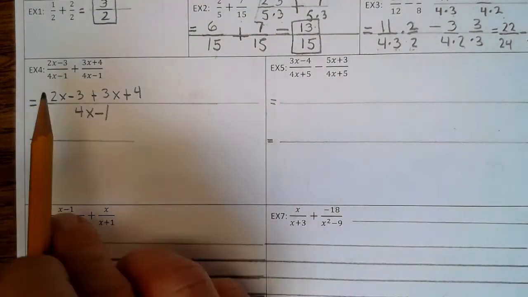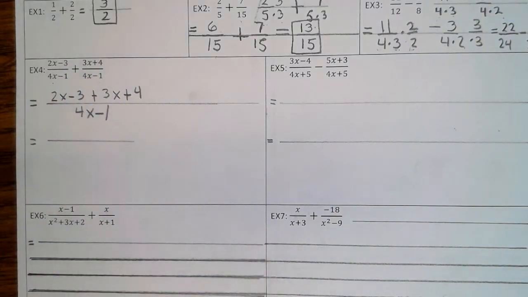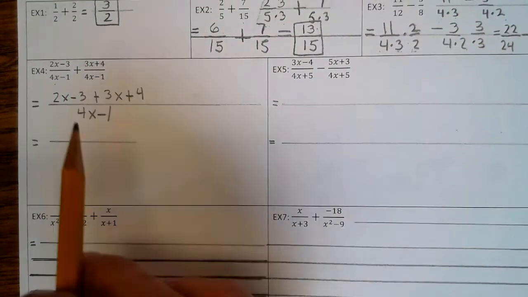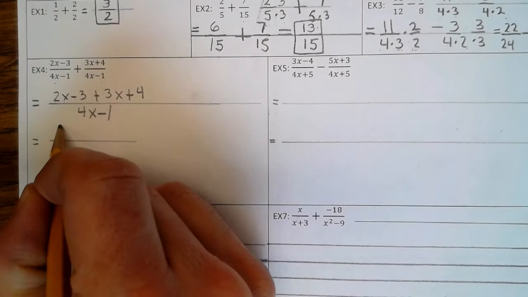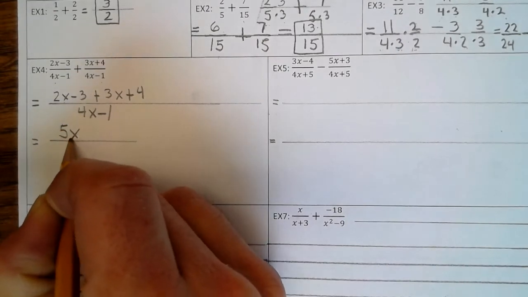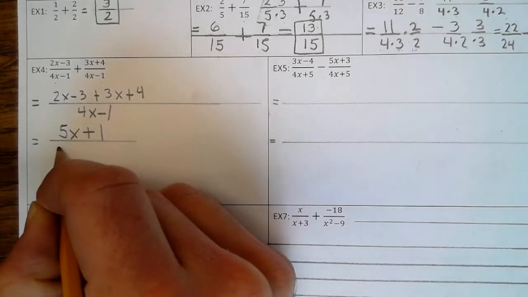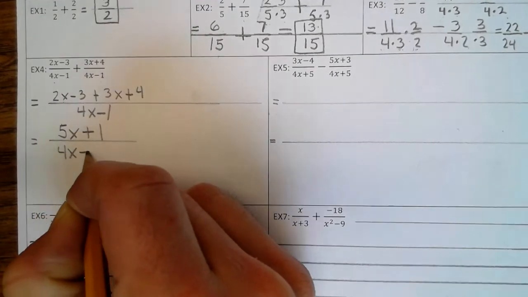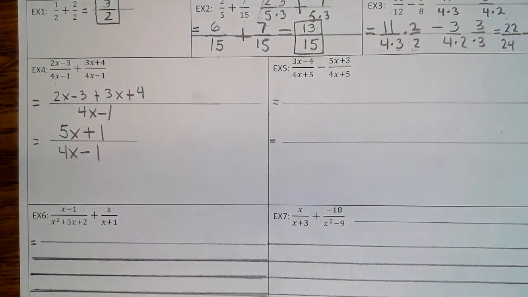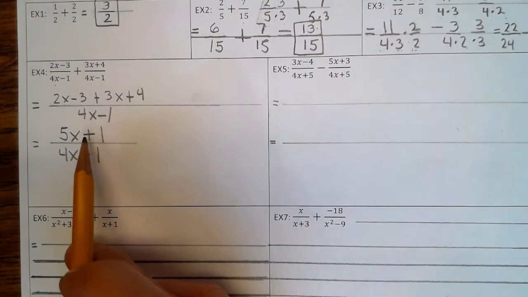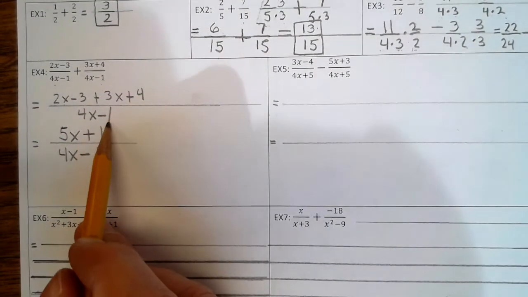And we can write it that way because they're both divided by 4x minus 1. Now we combine terms. 2x plus 3x is 5x. And then negative 3 plus 4 is 1, so 5x plus 1 divided by 4x minus 1. We can't factor out anything from the numerator or denominator, so we are done.